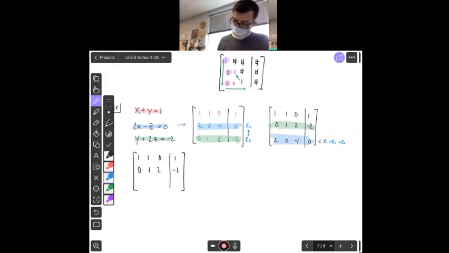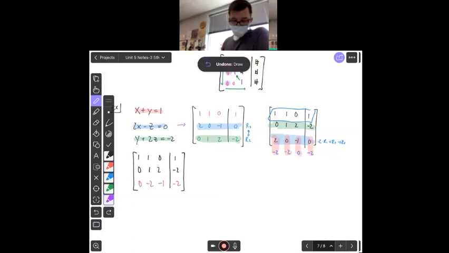So we said we want to take row 1 times -2. So -2, -2, 0, -2. And we want to add these. That gives me 0, -2, -1, -2. So there's my new row 3. But we made the first entry into a 0.